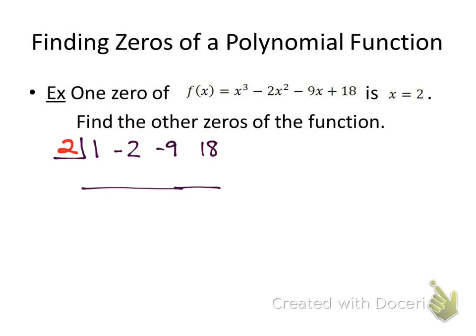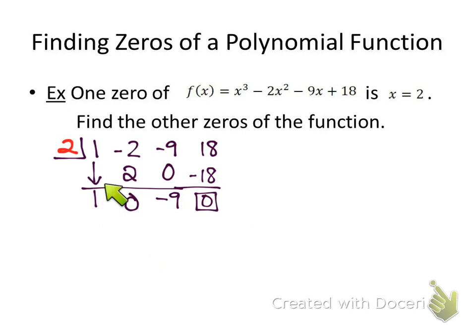Following the synthetic division rules, bring down your first term, multiply by the boxed number, so we get 2 and then add, and then multiply by the boxed number, and then add, multiply by the boxed number, and add. We should get 0 as a remainder because the directions say one of the zeros should be 2. So if for some reason you did not get a 0 in that remainder, you know you did something wrong.